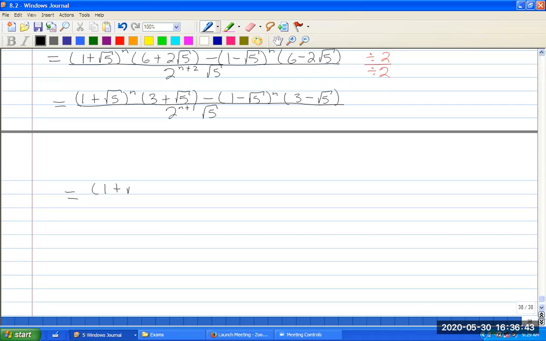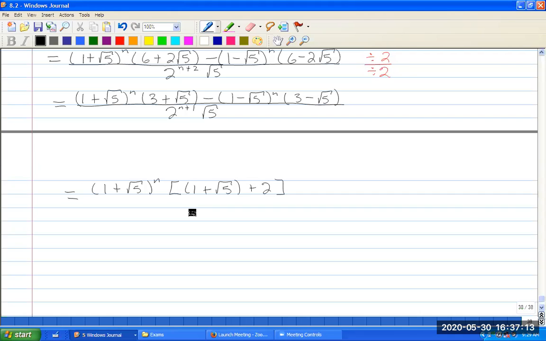So let me write this as (1 plus rad 5) to the n times (1 plus rad 5 plus 2). So I can write 3 as 1 plus 2.